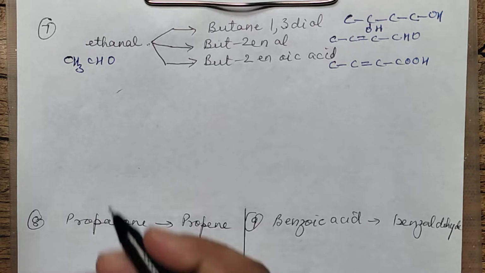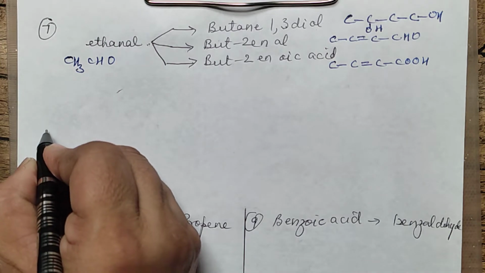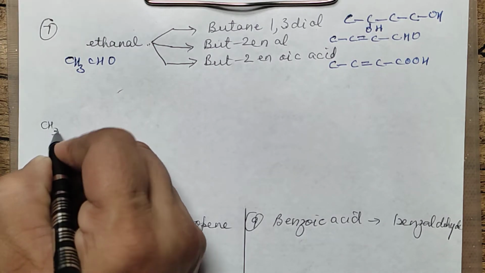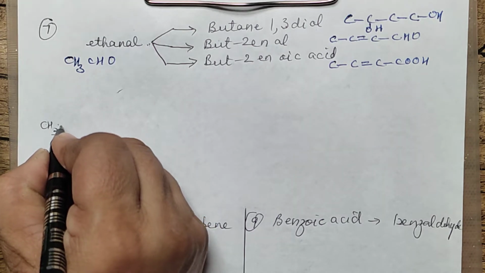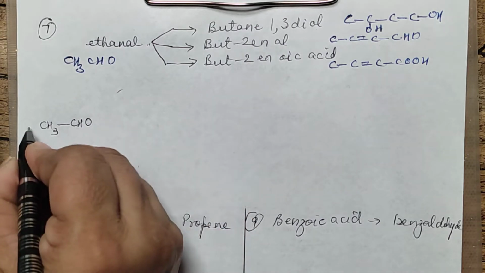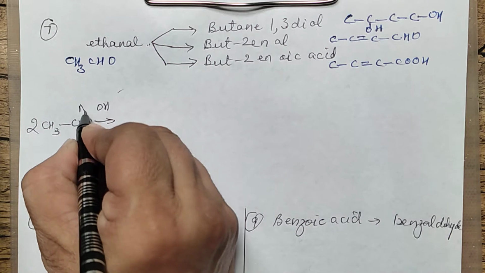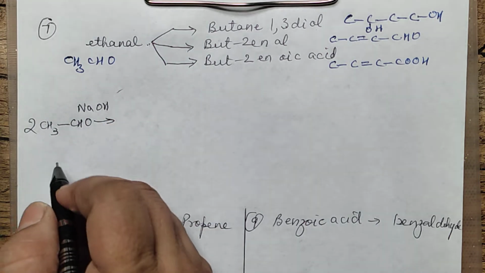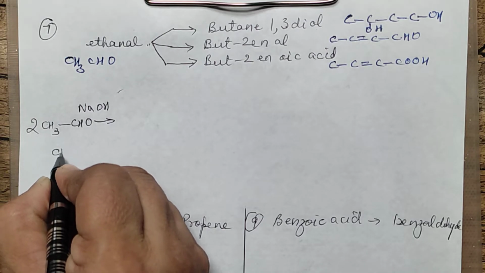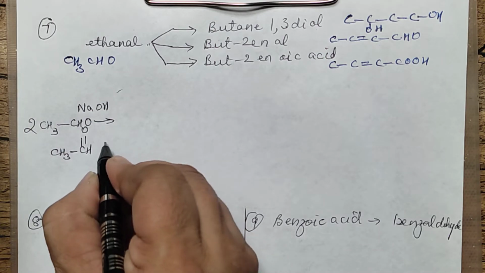So what you do is, the first step is you carry out aldol condensation. That means when you carry out aldol condensation, it is CH3CHO, 2 molecules. You have to carry out condensation in the presence of base NaOH. How will they add on? I hope you remember. How are they going to add on? It will be like CH3CH double bond O, 1 molecule.